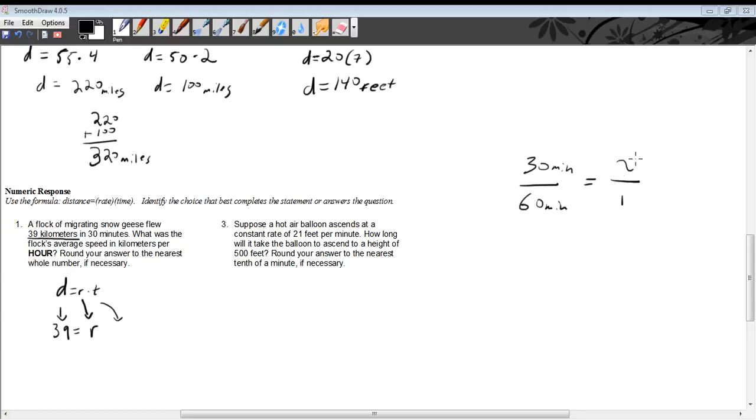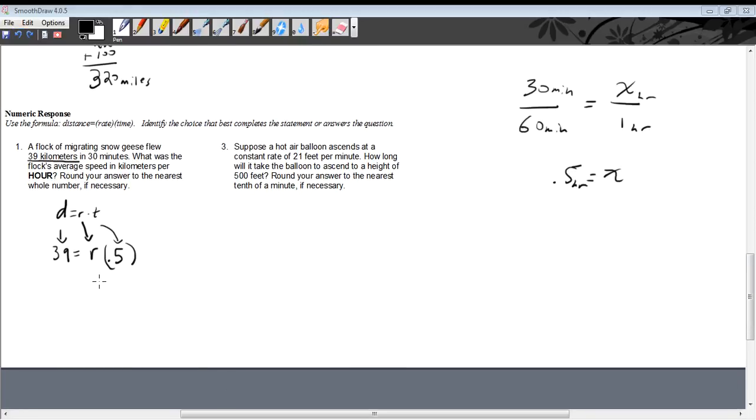So I could set up a quick proportion like this. 60 minutes is 1 hour, and 30 minutes, we're trying to figure out how many hours 30 minutes is. And if I cross multiply, x is going to be 0.5 hours. That makes sense. 30 minutes is half of 60 minutes, which is an hour. So here, the time, how long did the geese travel? Well, 0.5 hours. Now, once I have this, I can solve for how fast they were going.